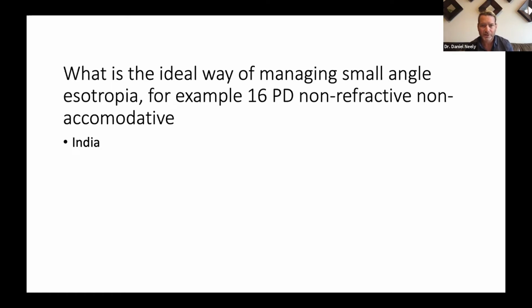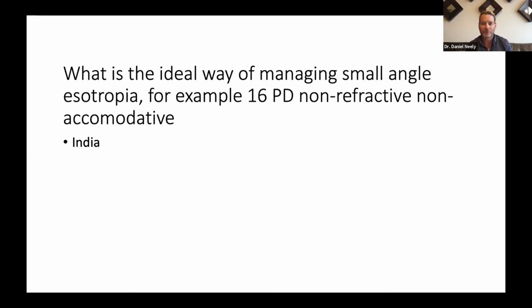All right. So if you look at surgery tables for 16 of ET, you can probably do something like bilateral medial rectus recessions of 3 or 3.5 millimeters. Or you can do one medial rectus recession of 6.5 millimeters.